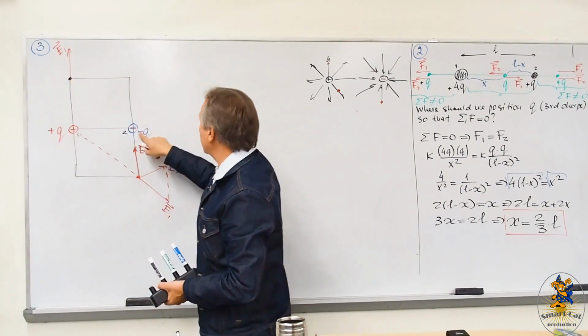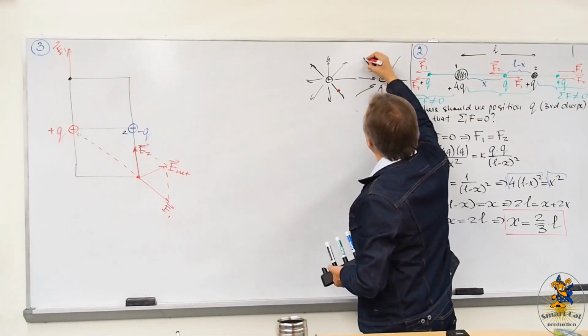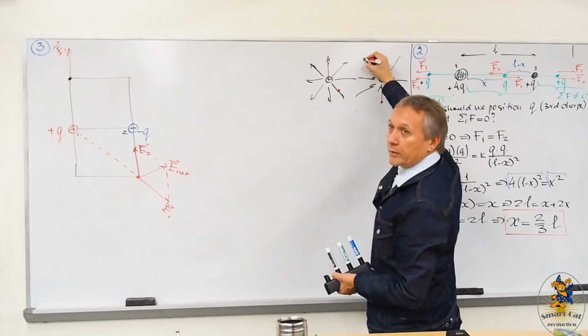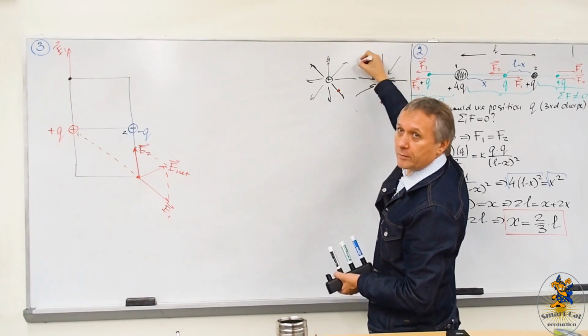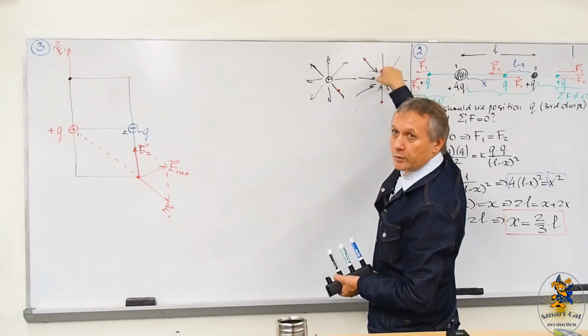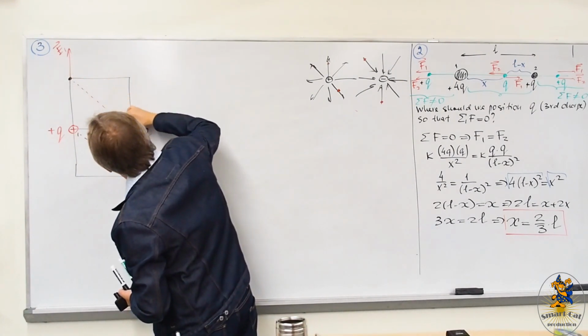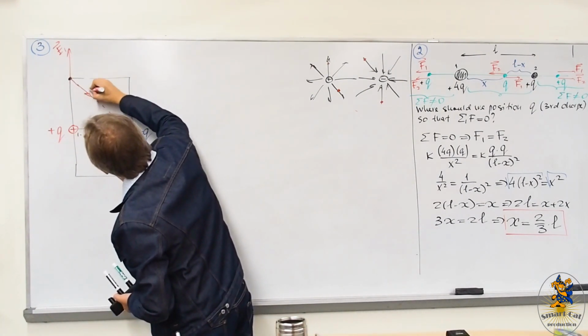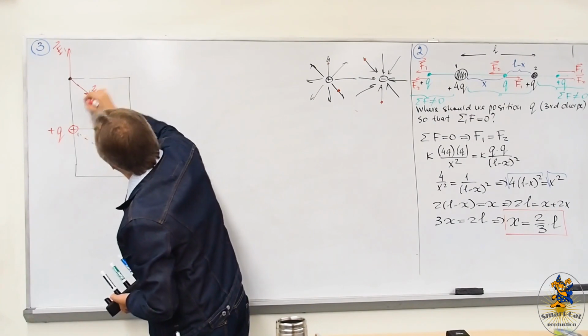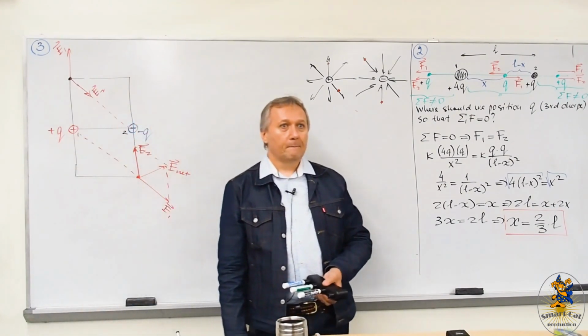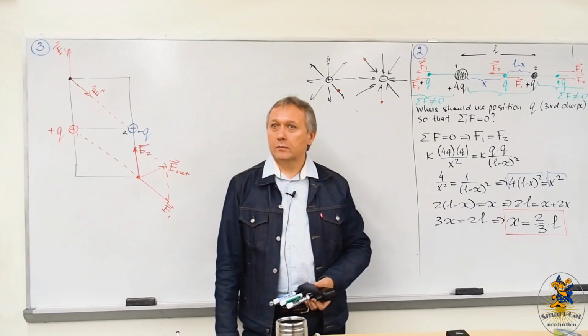This is our point relative to the negative charge, so the electric field is along this line. So this is E2. And principle of superposition.